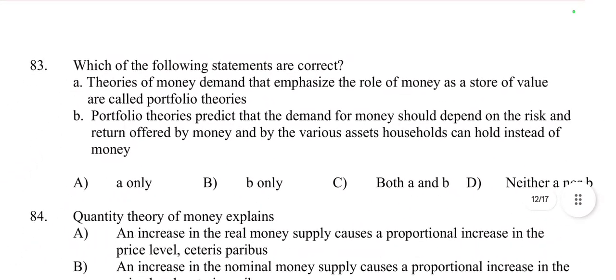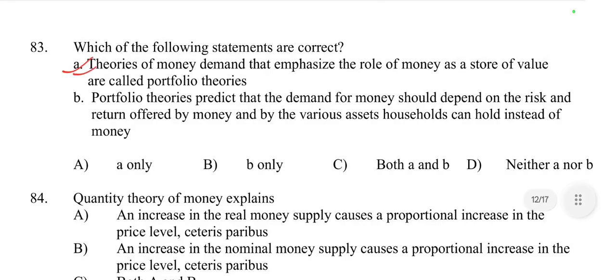Portfolio theories of money demand emphasize money as a store of value. These theories consider money as part of a broader portfolio of assets that individuals hold for different reasons, including risk and return considerations. So option A is correct.